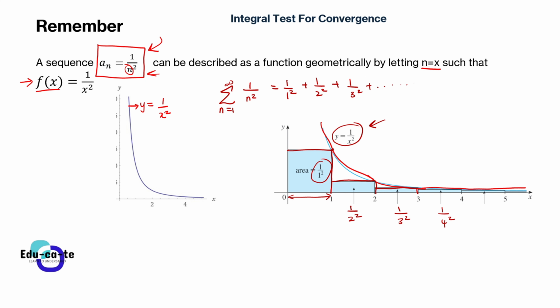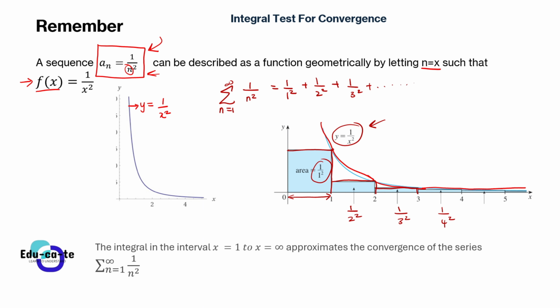We have the pattern of an integral, which we obtained from representing this pattern as a function. And we also have a sum. So basically, the integral from x is equal to 1 to x is equal to infinity approximates the convergence of the series, because you can see that, according to this graph, as it moves and moves, f of x is approaching 0.